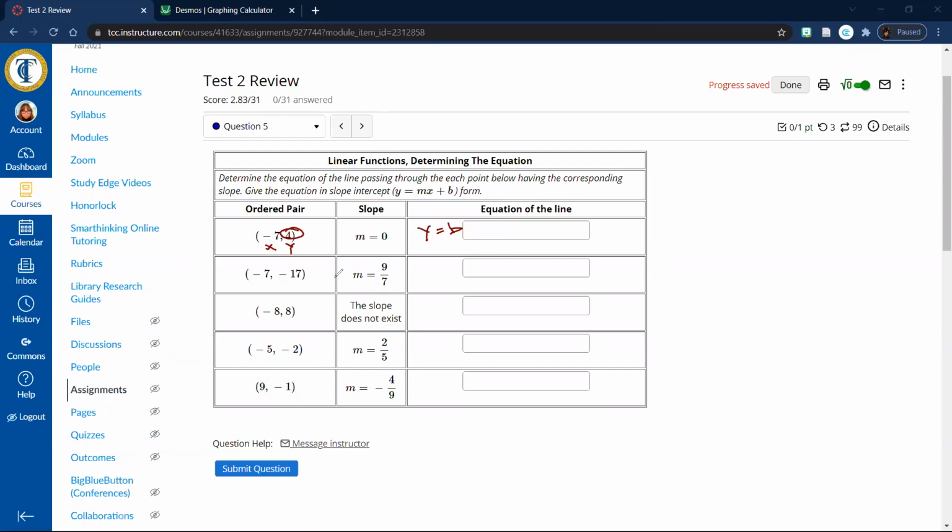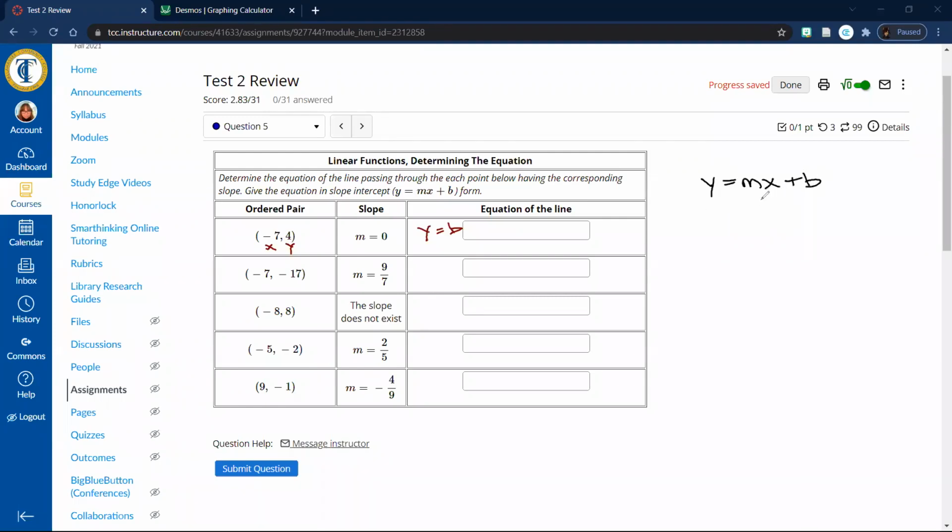We have (-7, -17), and m equals 9/7. And remember, we're doing y equals mx plus b, right?